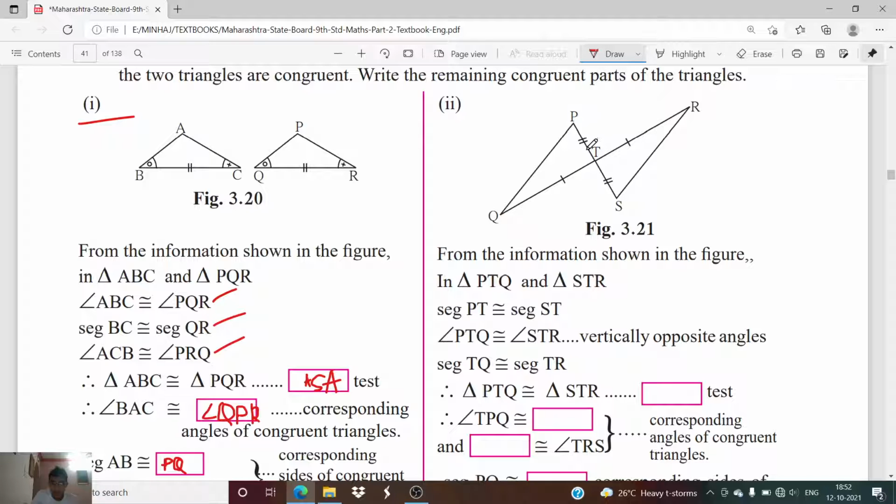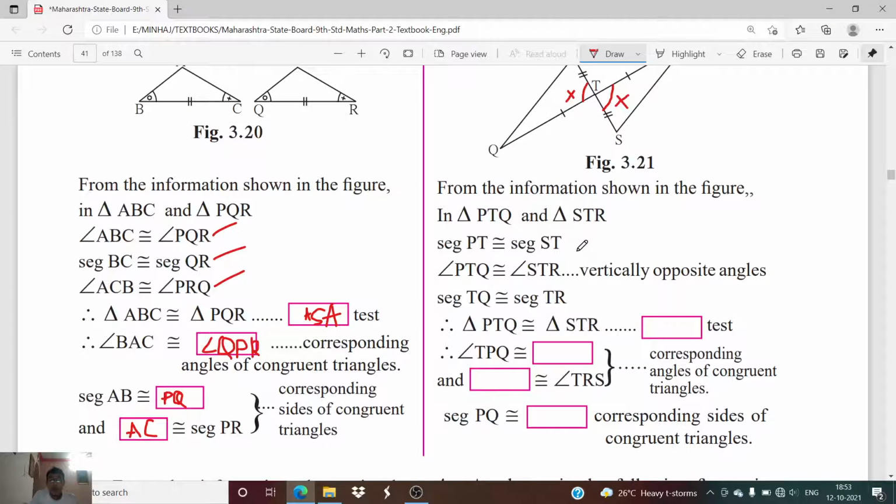Both these angles, this angle and this angle, are equal to each other, as both the angles are vertically opposite angles. So we know that vertically opposite angles are congruent. Then we have also been provided that segment TQ is congruent to segment TR.